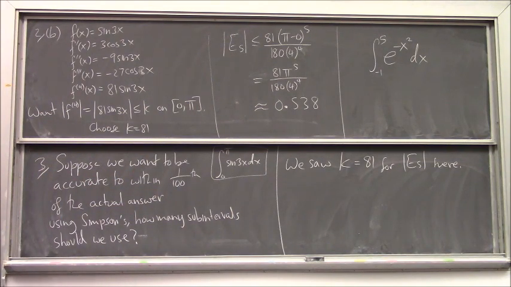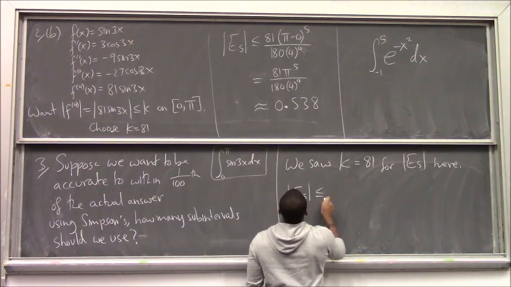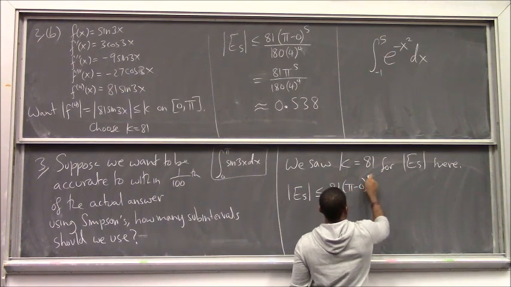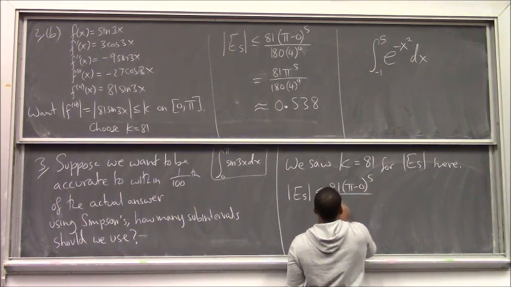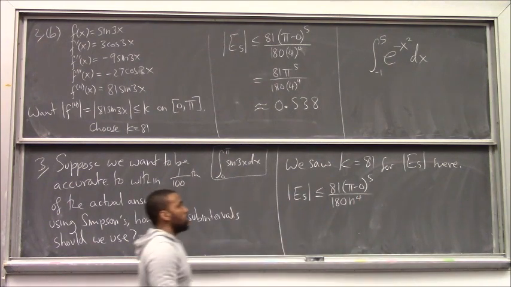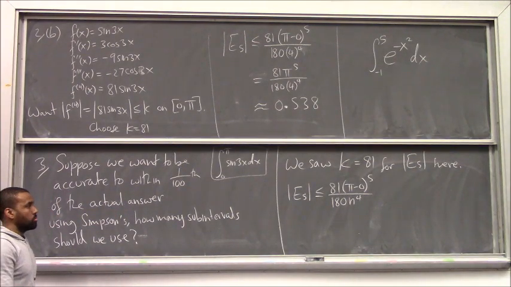Now, suppose we didn't know n. So we know our error estimate is going to be within... How do I know what n I would have to pick to get that to be the right thing? Algebra. Yeah, but what am I solving for with the algebra?